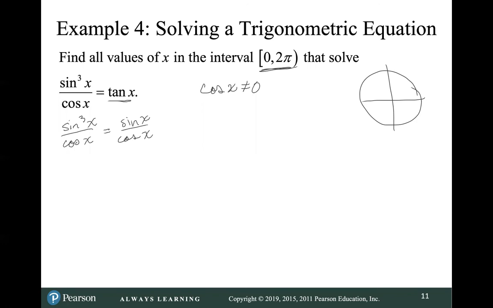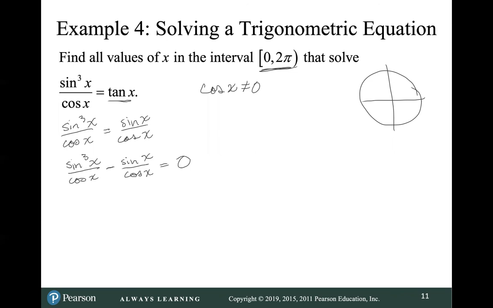So instead of dividing, I'm going to go ahead and subtract over the sine of x divided by cosine of x. That way, we're not losing information. Sine cubed x divided by cosine of x minus sine of x divided by cosine of x. So essentially, I just subtracted tangent of x from both sides to get it equal to 0. And now I can start factoring.